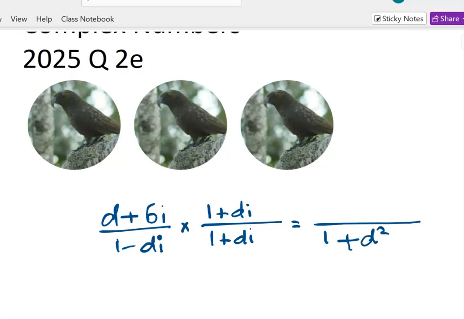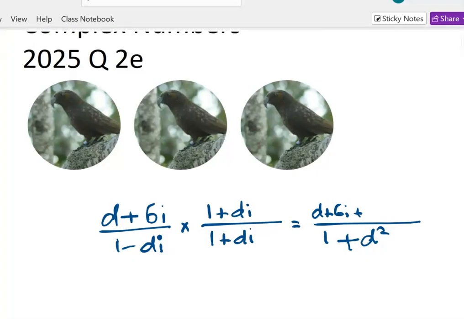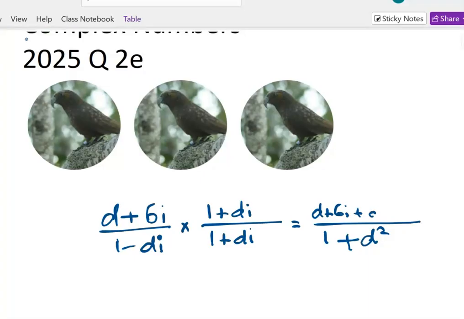And then in the numerator, we have d + 6i + d squared i - 6d.